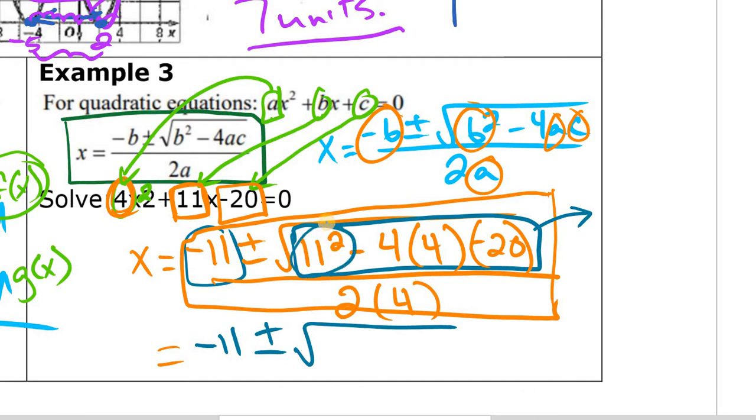What's 11 squared? You could write it out if you don't know it, but it's 121. Now we have minus. What's 4 times 4? 16 times negative 20.